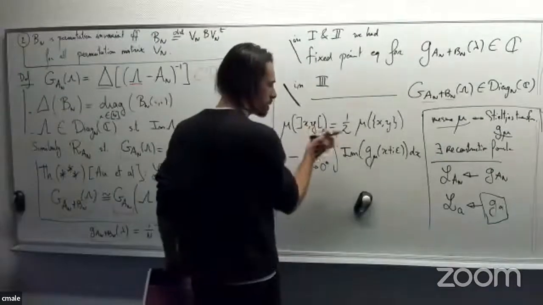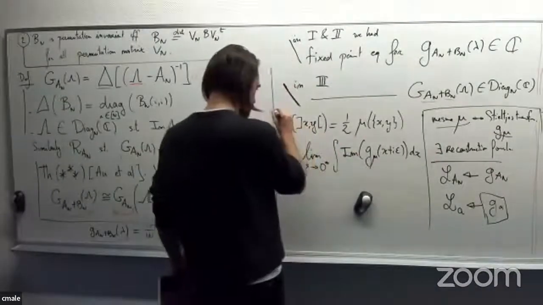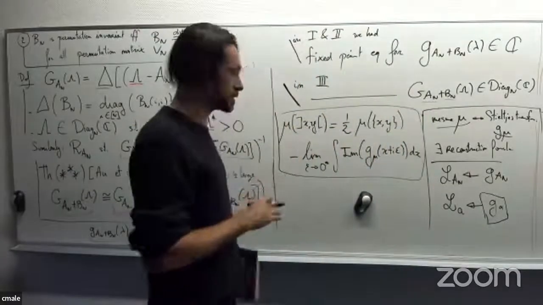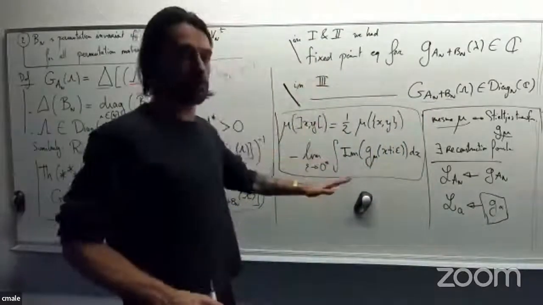Okay? And if you let X converge to Y and there is no atom, you have a formula for the density at a point X when the density exists. Just remove the integral. Thank you.